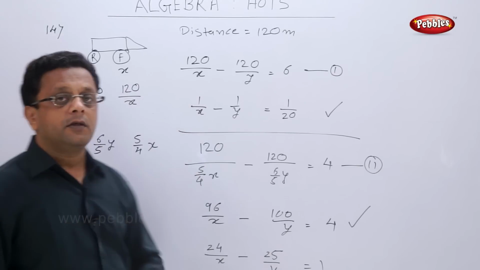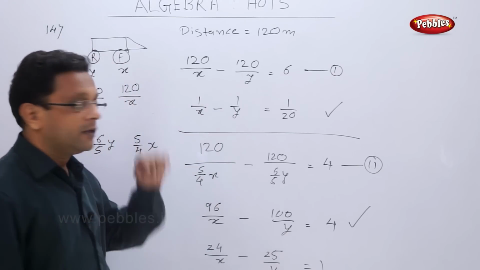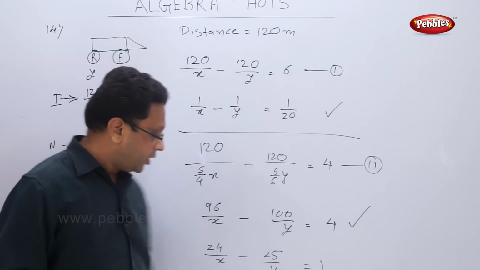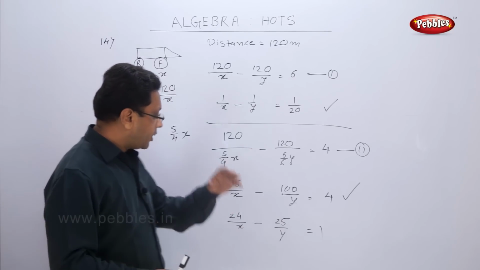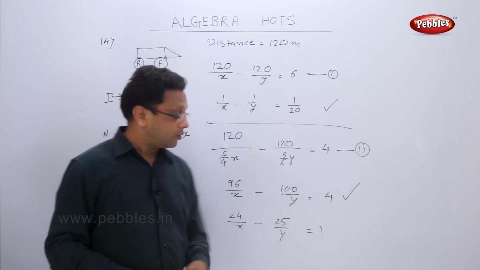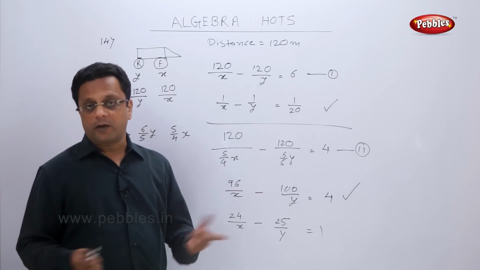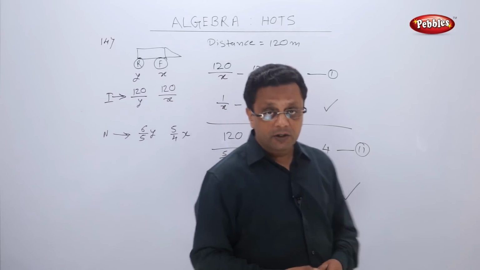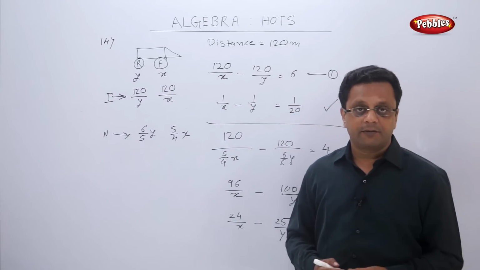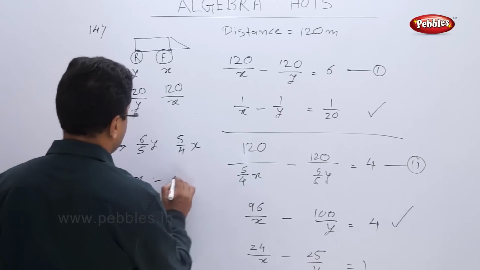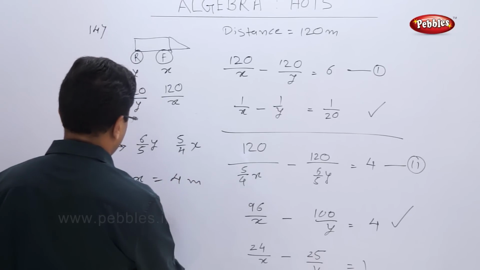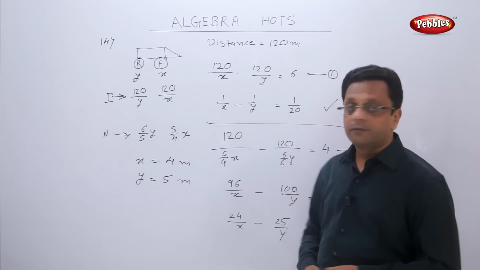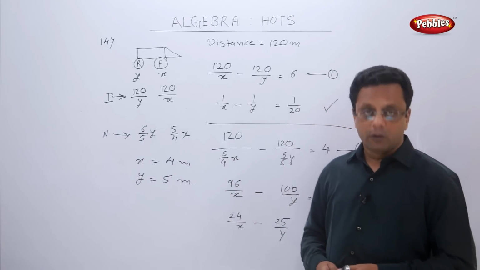Let 1 upon x be a and 1 upon y be b. So a minus b is equal to 1 upon 20, and 24a minus 25b is equal to 1. Pause your video here and quickly find the answers for x and y. It's very simple. x is equal to 4 meters and y is equal to 5 meters. Check your answer and we'll go ahead.